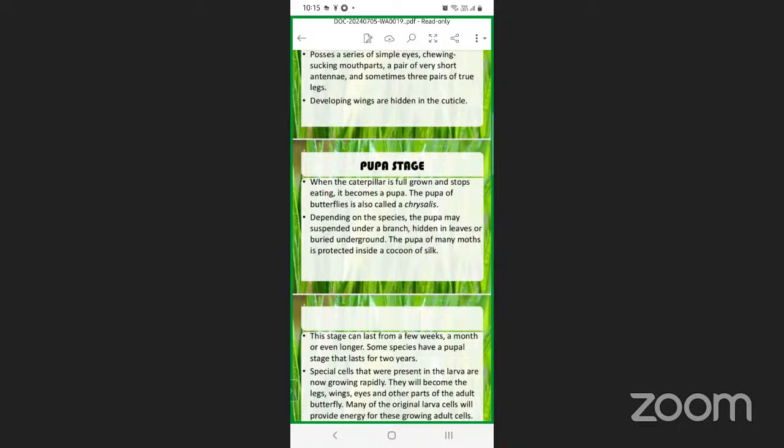Like that, we see in different types of insects, the pupa is formed like a protective layer on the larval stage. The pupal stage will be protected in cocoons, for example, in silkworms.